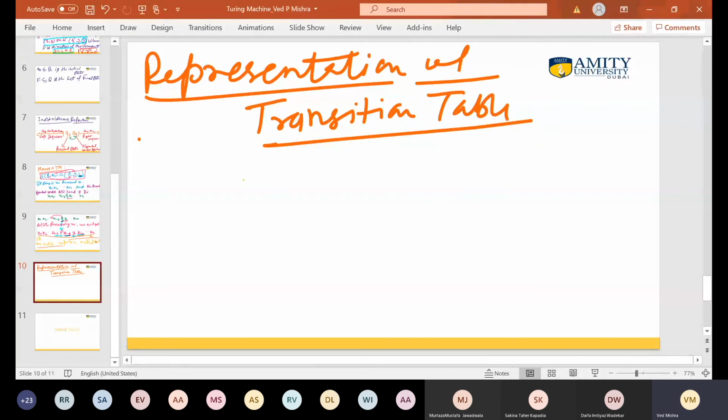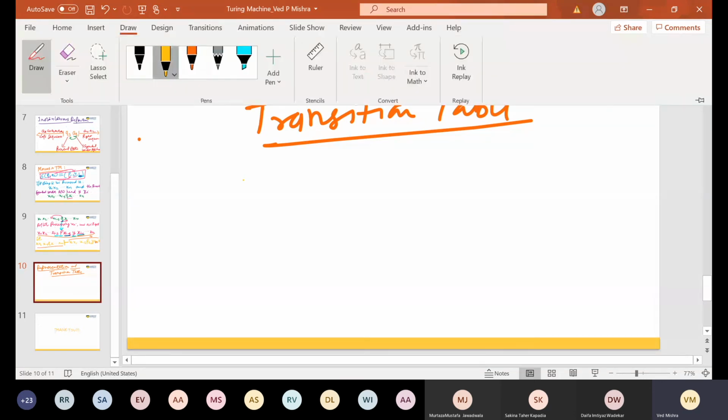So how do we represent the transition table? I will just write one transition table, and hopefully you will understand how we write it.